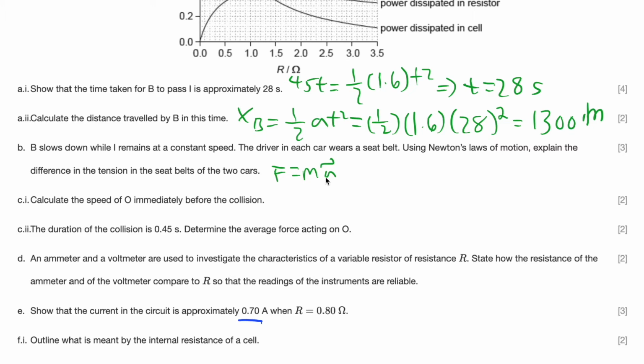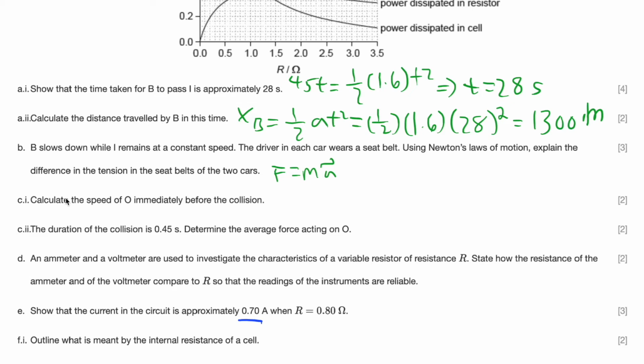Since net force is equal to mass times acceleration. Because there's a force, there's got to be a force in the seatbelt for car B. But for car I, because it is moving at a constant speed, the net force of the system is 0 newtons. So there's no tension force in the seatbelt. And this is the difference between those two cars.